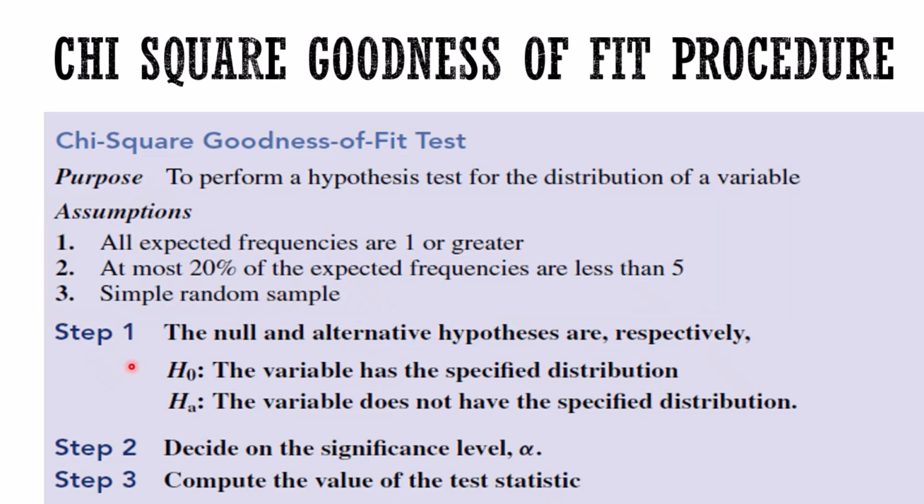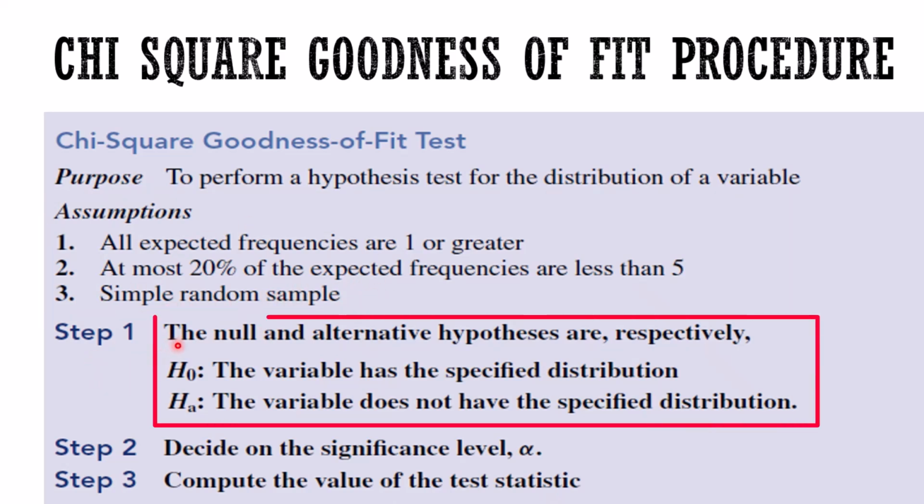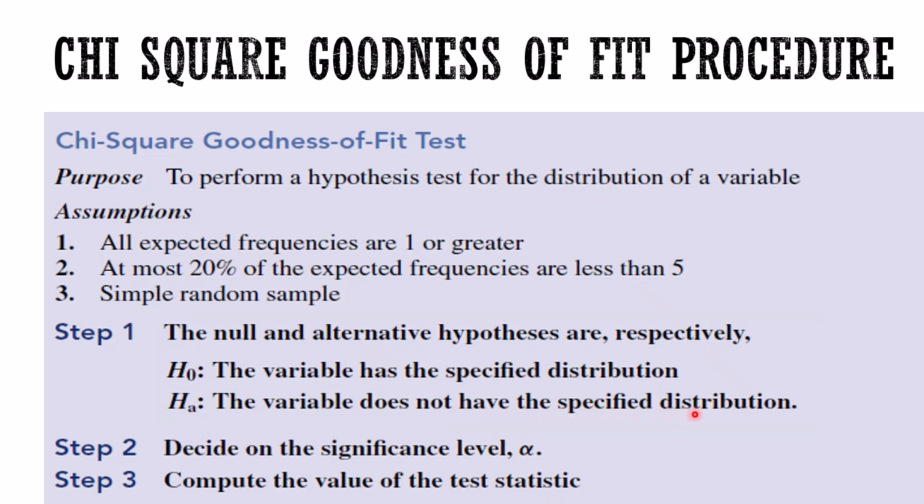Step 1 is stating our hypothesis. The way we state our null hypothesis, which is the status quo hypothesis, will say that there is no change in the distribution. The variable has the specified distribution. The alternate hypothesis will say the variable does not have the specified distribution.